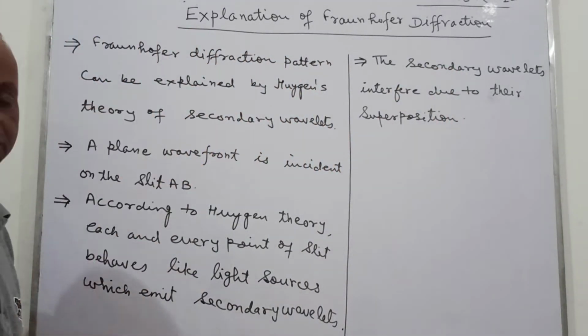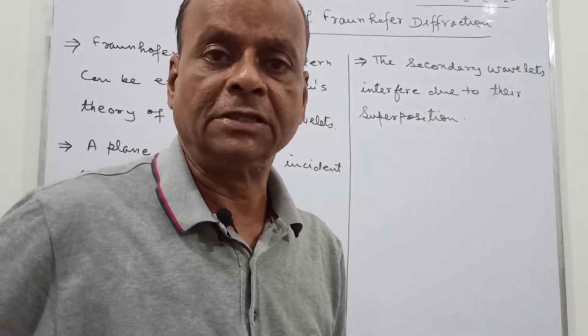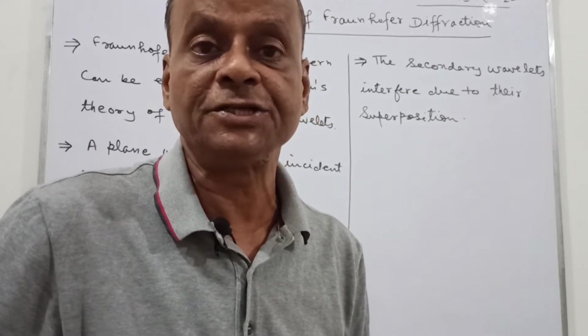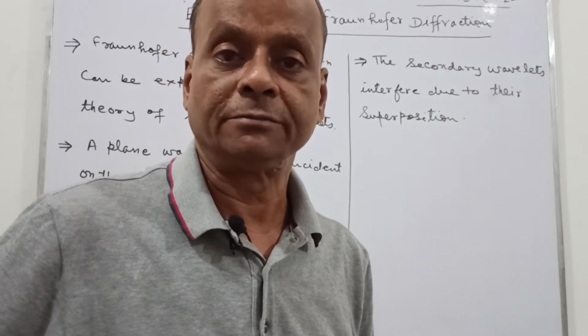So this is what the Huygens theory says: the secondary wavelets are emitted from each and every point of the slit, and these wavelets interfere due to their superposition.